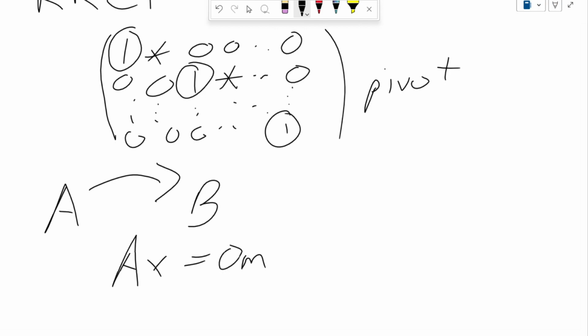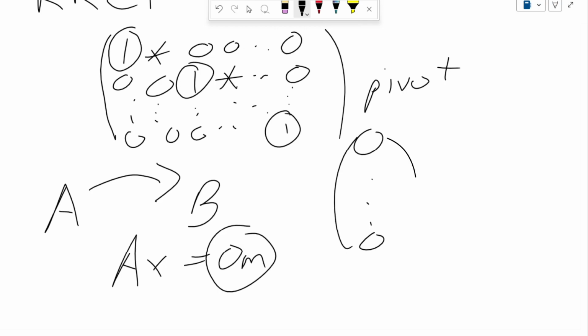Because what did we do when we used Gaussian elimination to solve linear systems? We had to do the same thing to the right-hand side as we did to the left-hand side. But doing any of our row operations to 0 will keep it 0. If I have the 0 vector here and I swap 2 of the rows, it's still 0.